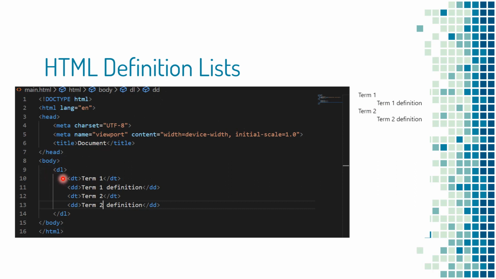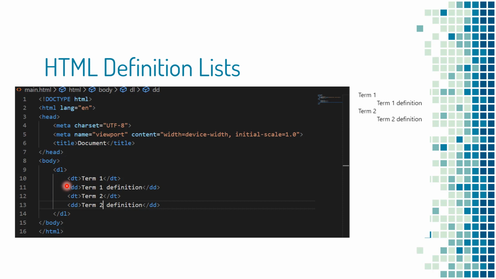Then most of the time you have to have DT, then DD. In some cases, if you wanted to have multiple terms with the same definition, then you might create DT, another DT, a third DT.